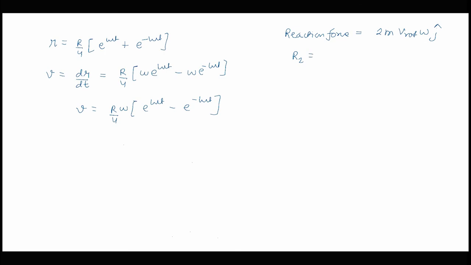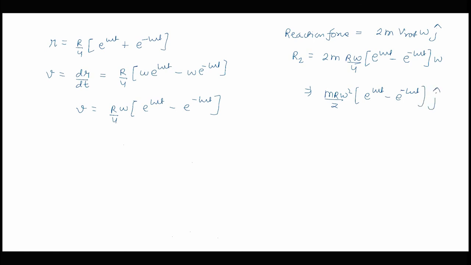So we have it as 2m into r omega by 4 into e to the power omega t minus e to the power minus omega t, into omega. From here we obtain this term as m r omega square by 2, and then we have e to the power omega t minus e to the power minus omega t along the j cap direction.